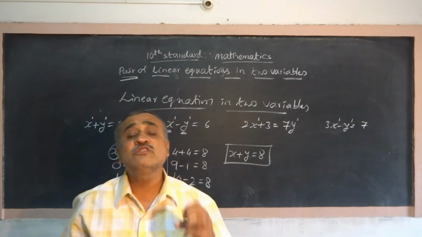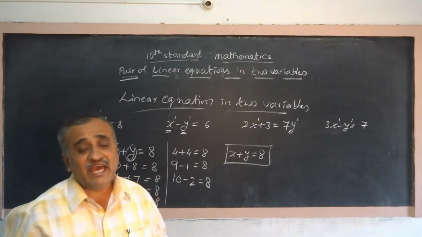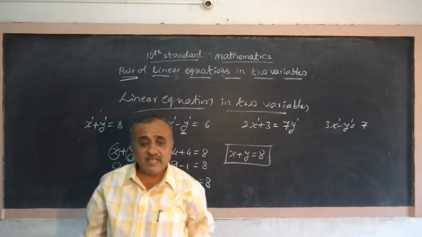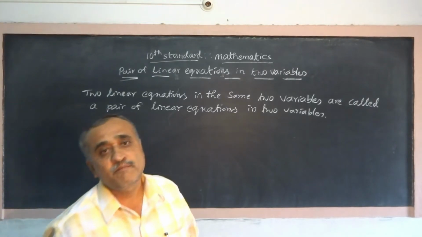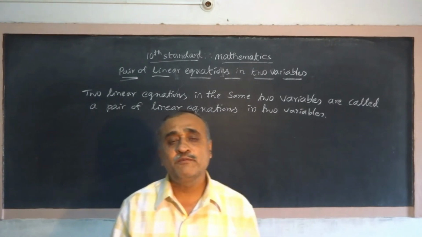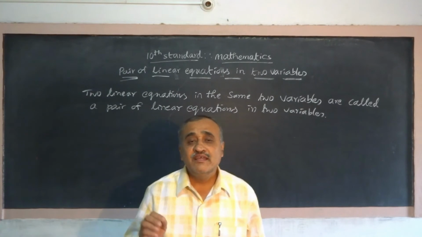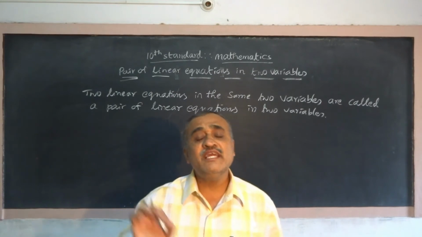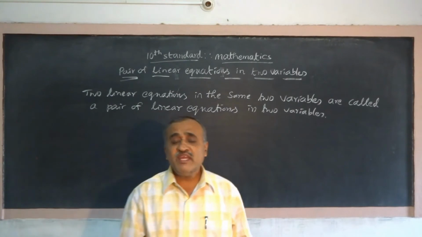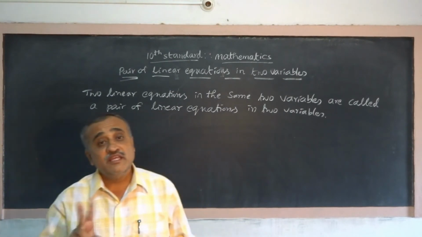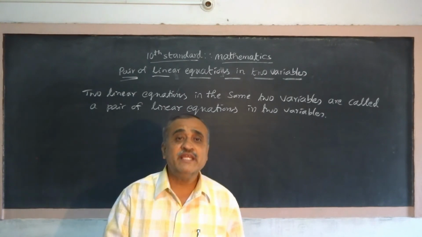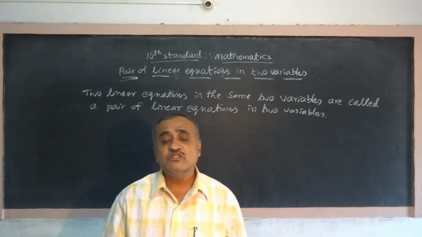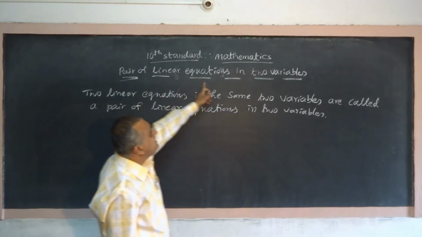Then in such a case we call it a pair of linear equations in two variables. So far we learnt what a linear equation in two variables is. Now to solve it, we consider two linear equations in the same two variables. Now we call it a pair of linear equations in two variables.